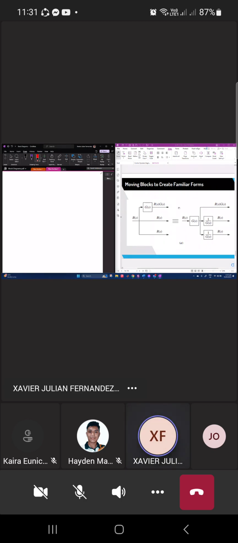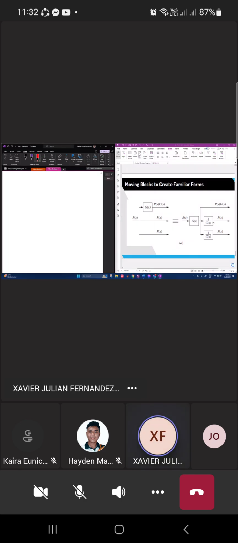So the output of g of s, if given an input of r of s, the signal here is equal to r of s times g of s, sent off to a pickoff point, which is just the same as that one. Okay, next, the signal sent is r of s times g of s, we send that to a block with 1 over g of s, which cancels your g of s.